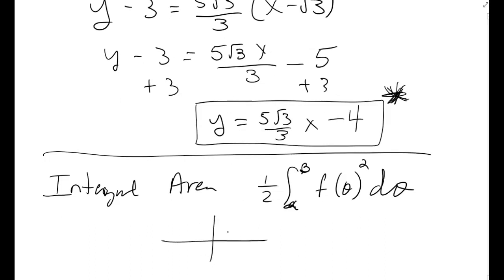So suppose you had one of these petals and you wanted to get the area, I don't know, from pi over 6 to pi over 3, you could get that area by applying that function.